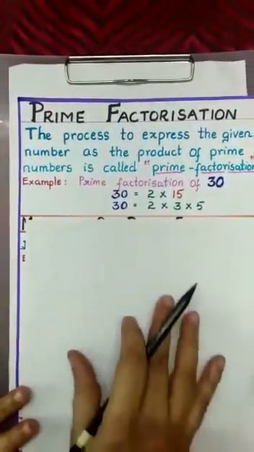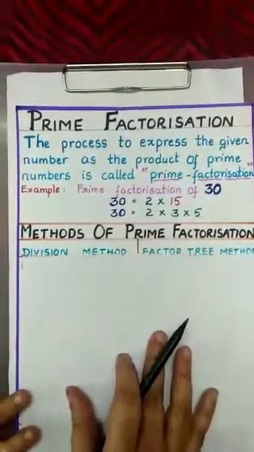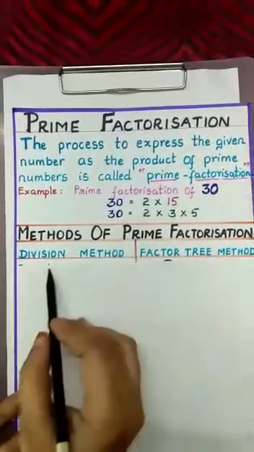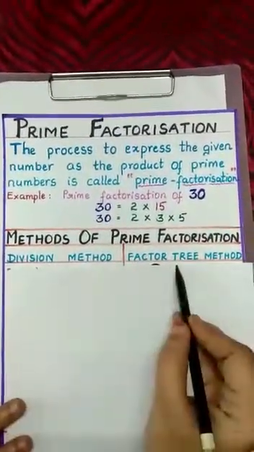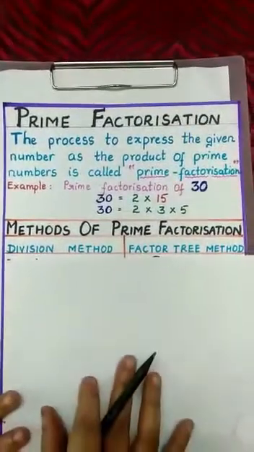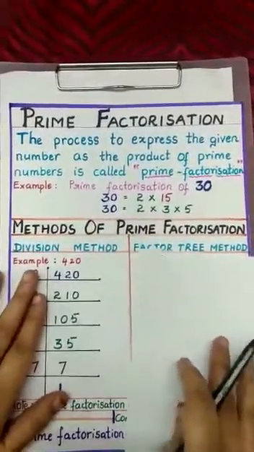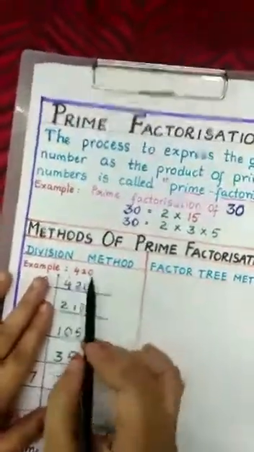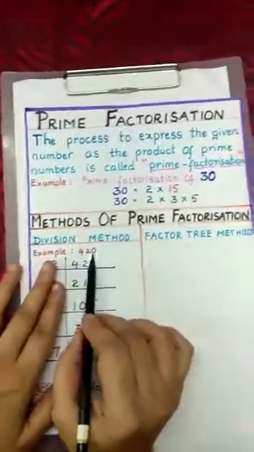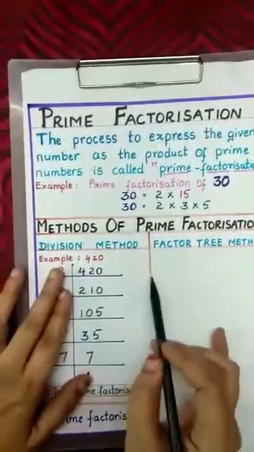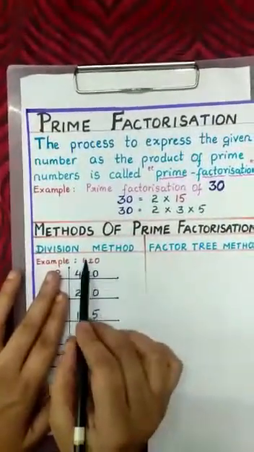To find the prime factorization, we have two methods. One is the division method, another one is the factor tree method. So let us take one example: 420. Now let us find the prime factorization of 420 using the division method.